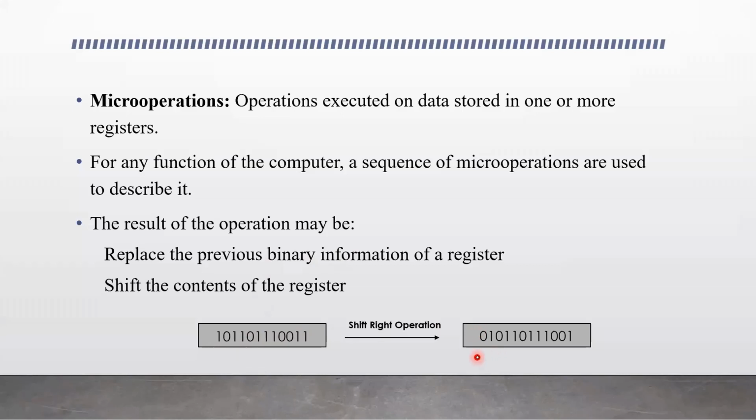This is the shift right operation. This is the initial state of the register, starting with 1 0, and when it is shifted, you see the resultant register. This is the content of the register after the micro operation.